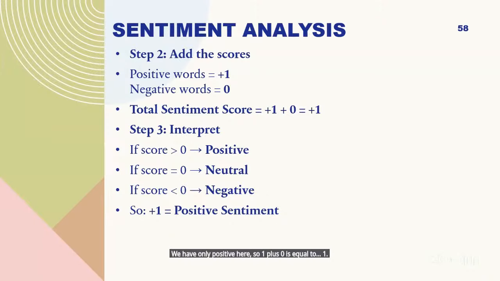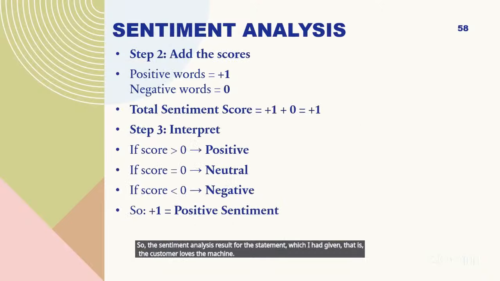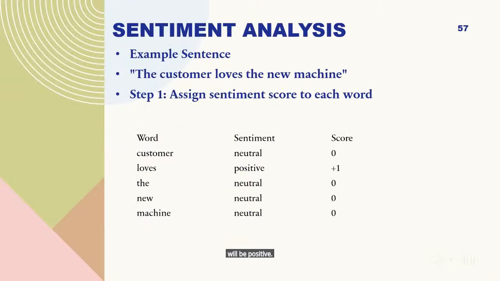Then we find the score comparison, and we give the final statement as positive sentiment. So the result for the statement, the customer loves the machine, will be positive. Suppose the customer hates the new machine, it is going to be negative, because hates is a negative sentiment which will have a score of -1.